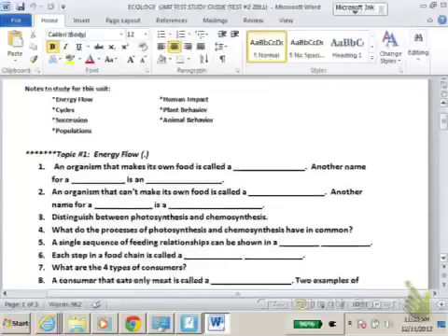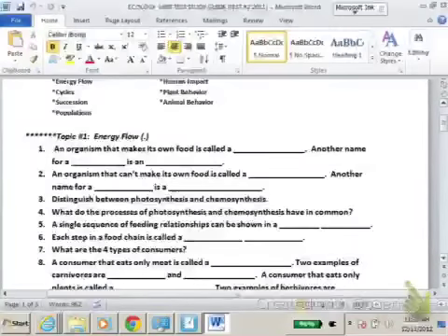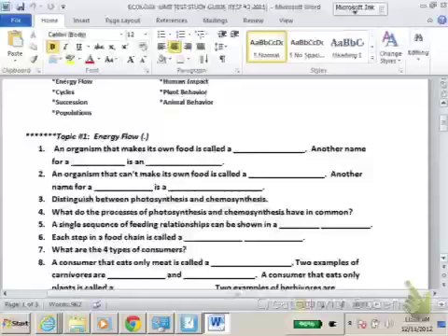Number 7, what are 4 types of consumers? Remember, you have herbivores, carnivores, omnivores, and detritivores. Number 8, a consumer that eats only meat is called a carnivore. 2 examples of carnivores are lions and tigers.